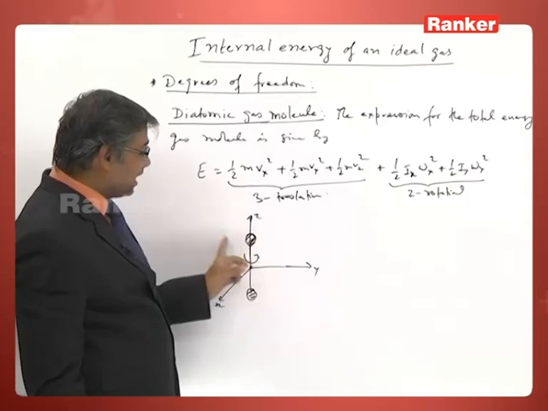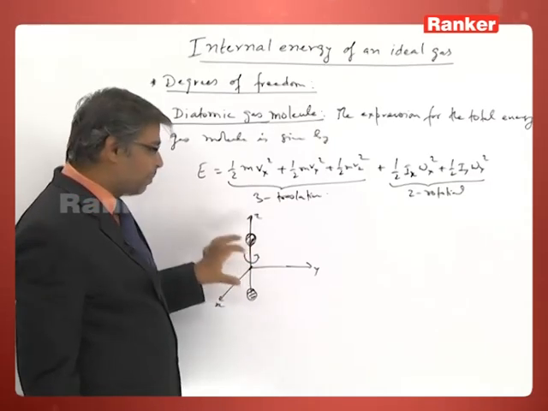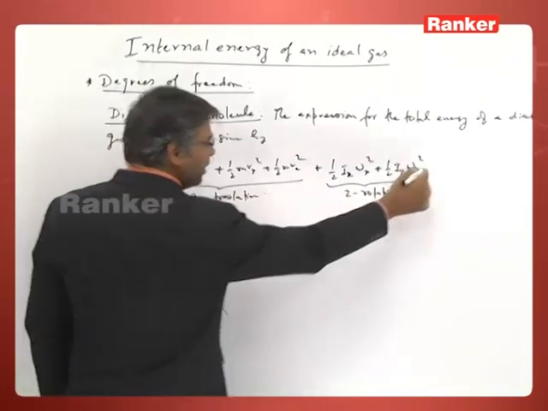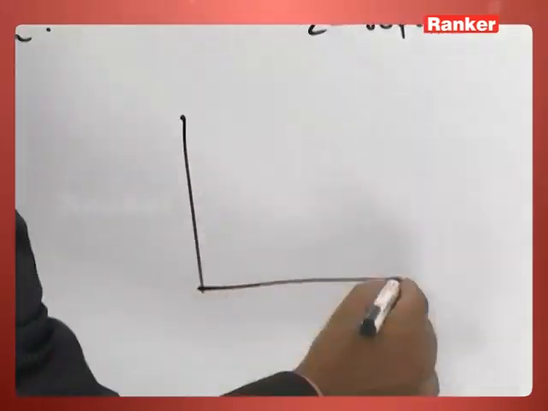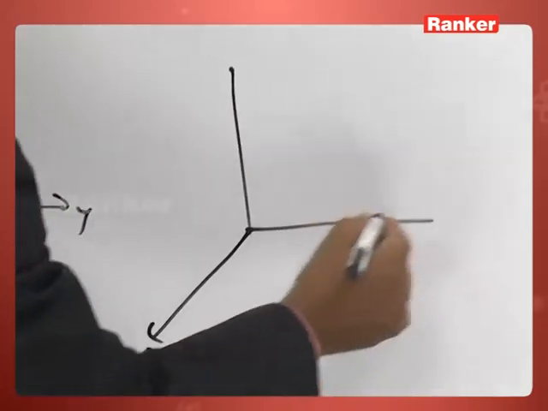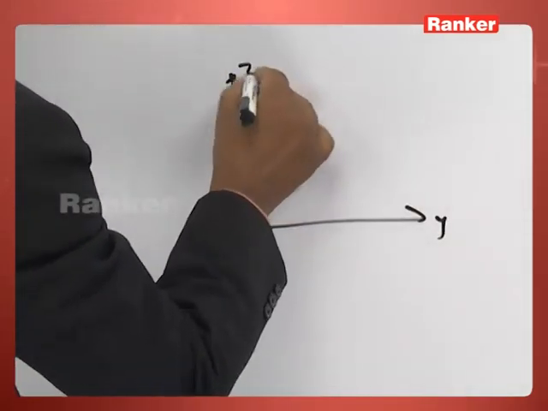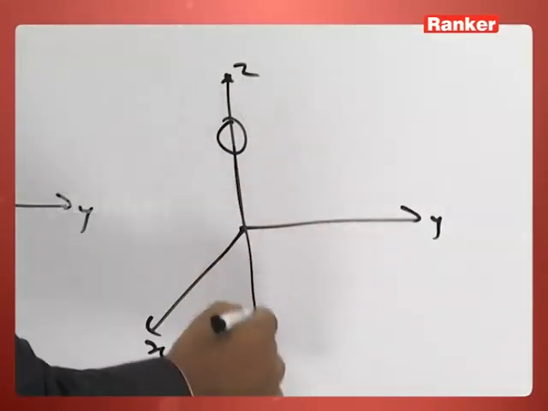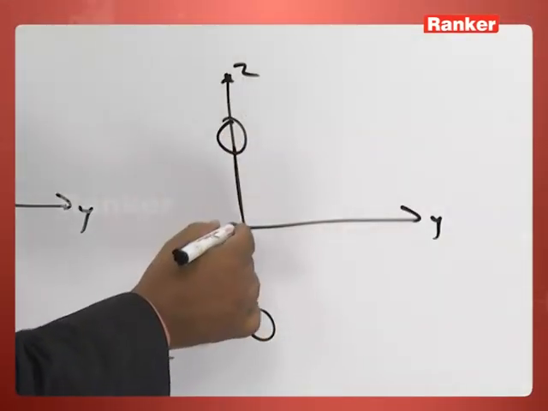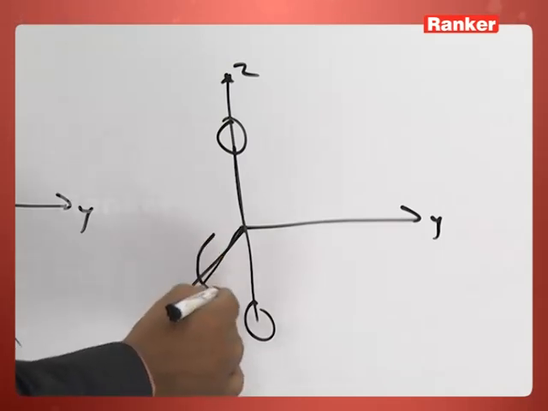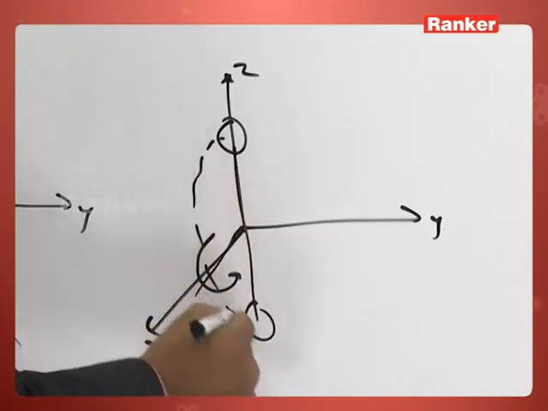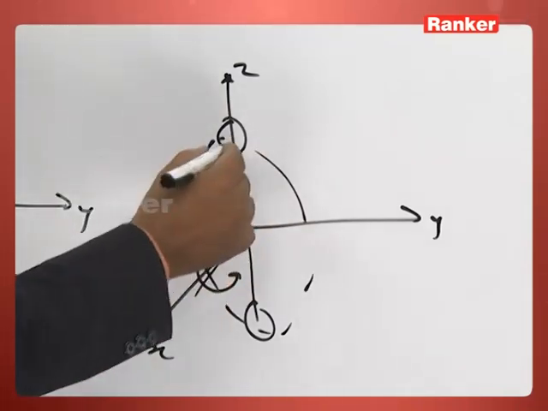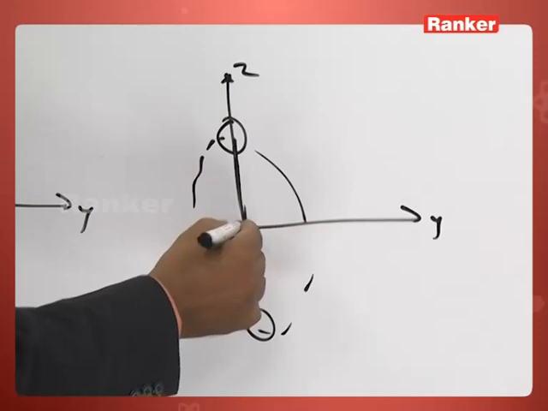So, the energy associated with this motion is comparatively less. So, I have neglected this third term. Next, if it is x, this is y and this is z, suppose this molecule is here and it rotates about this axis, x axis, that means along this. So, you see it has a large moment of inertia because more mass is distributed away from the rotation axis.